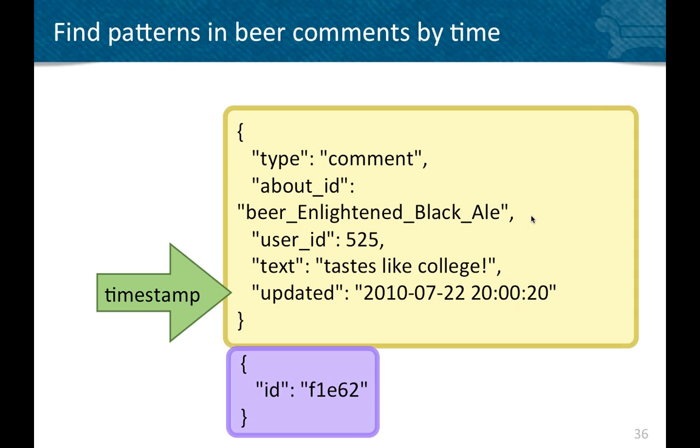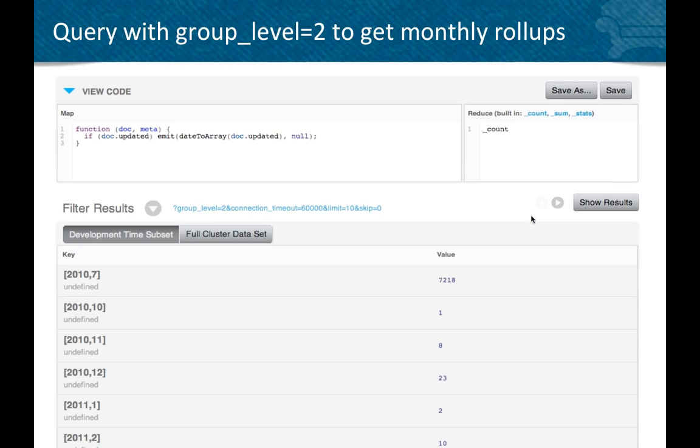Here is a comment on beers. It doesn't really matter what the document is. What we're concerned about is the timestamp. We've got a timestamp field on this document. The format of that timestamp is not great, and you could have a better format, but it's also not something you need to stress about, because we have a function that can coerce most timestamps that are at all sane into good index keys.